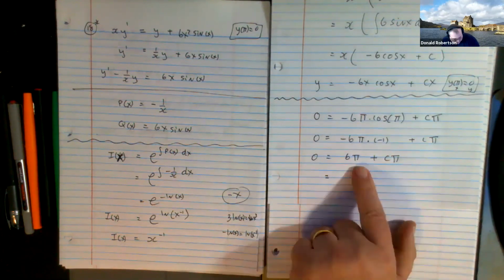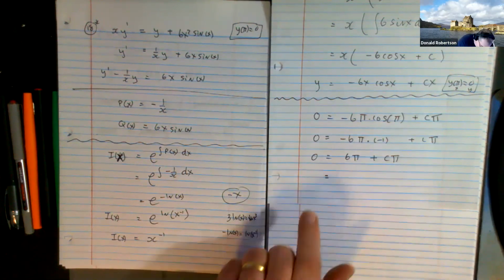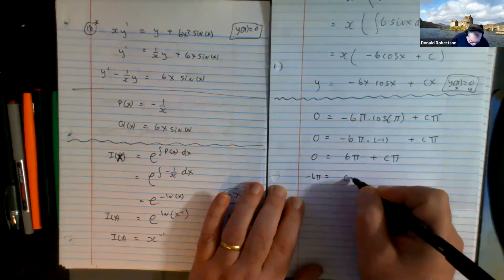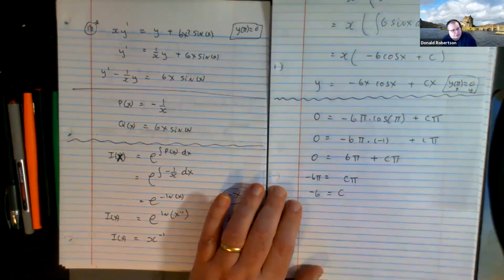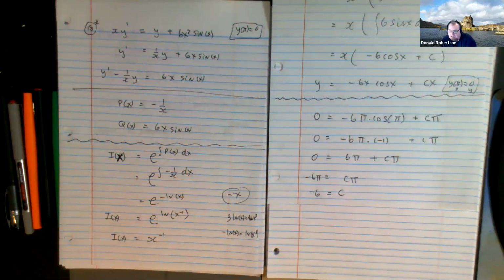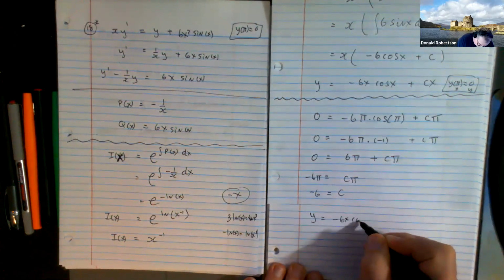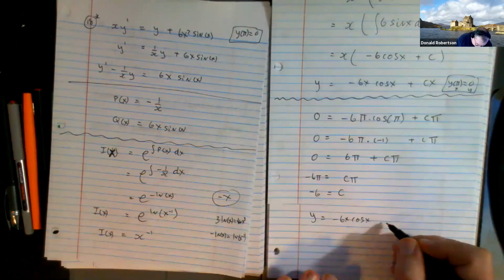Would you agree that the next step would be to subtract 6 pi from both sides, and then divide both sides by pi? So C ends up being the number -6. So the final answer is -6x cosine x minus 6x, because C is negative 6, times x.